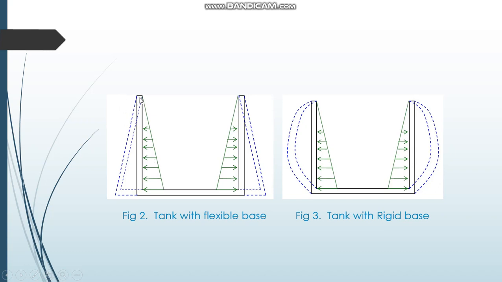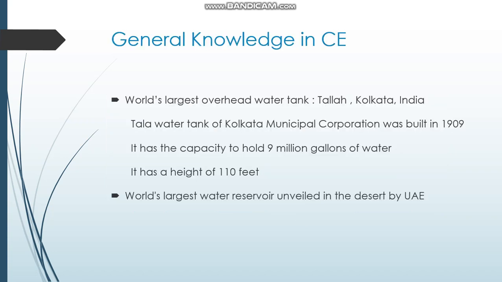So the deflection is 0 at the top and deflection is maximum at the base. So tank with rigid base. Here there is no maximum deflection at the base. Here deflection is much different. We can discuss more while designing the water tank.